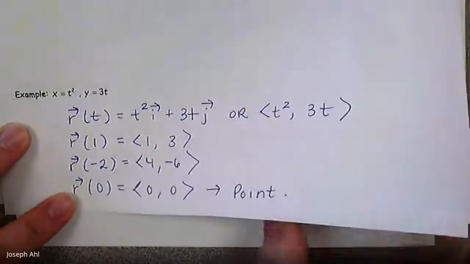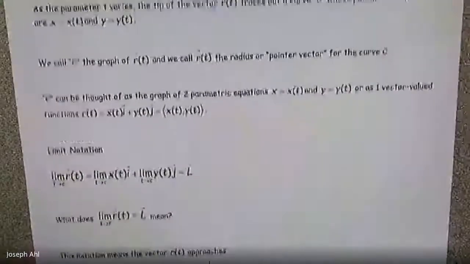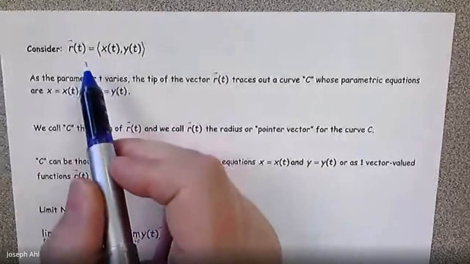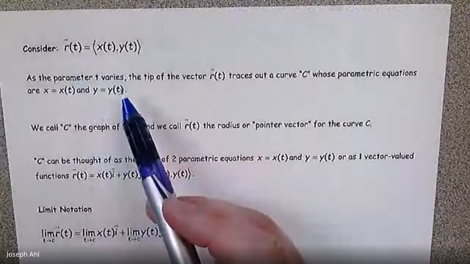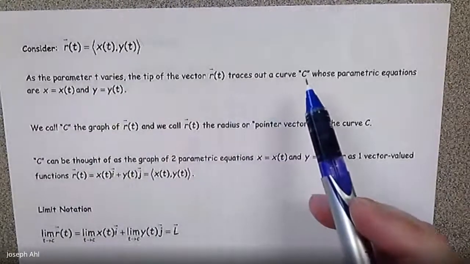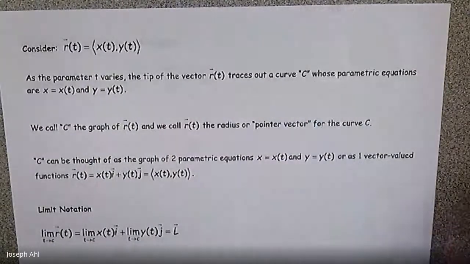Okay, so if we're good with those components, what we're going to move on to now is a lot of language here, building towards finding some derivatives and limits within vectors. So if we have our vector valued function defined in the following way, as the parameter t varies, the tip of the vector r of t traces out some sort of curve, which is represented by those parametric equations.